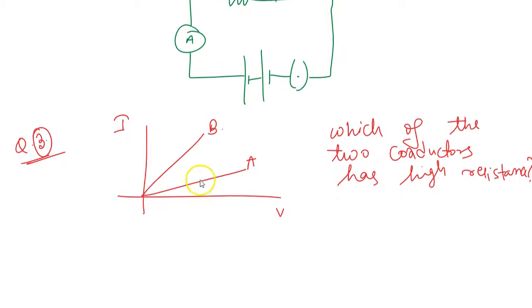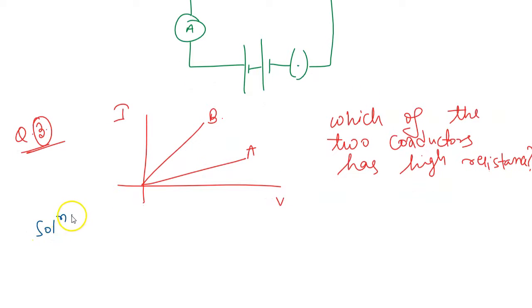So if we look at A and B, their graphs are not identical. That means they definitely have different resistance. So let us fix V. So here we can fix V or we can fix I, and accordingly we will select the resistance.